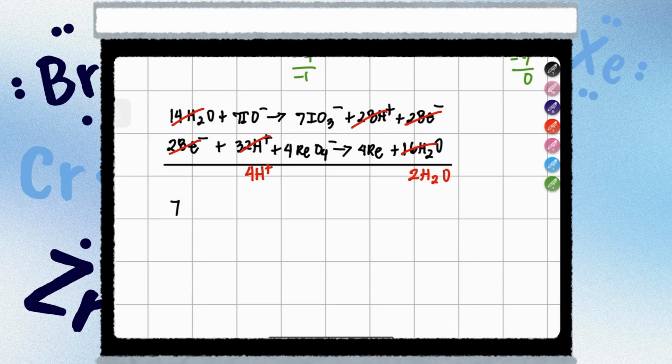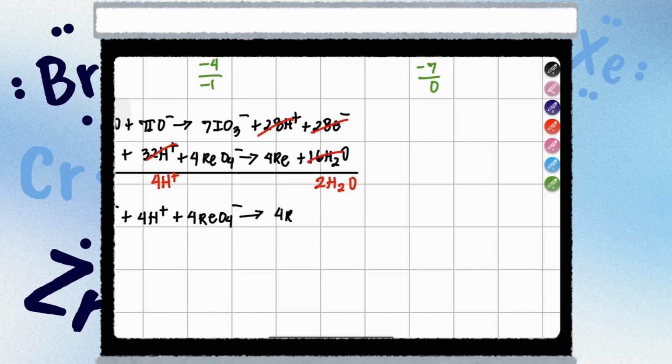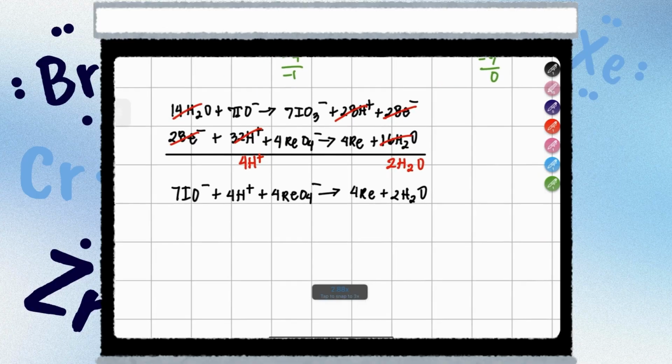You have 7IO minus plus 4H plus 4 ReO4 minus. Then 4Re plus 2H2O. This is our final answer for number 2. Compare your answers if tama, and if you got the correct or the same answer, then good job.